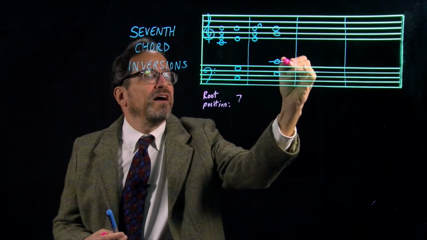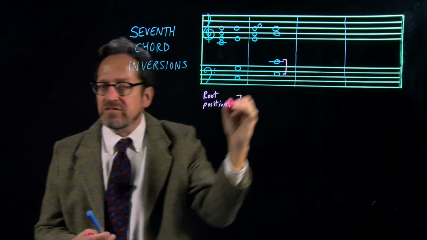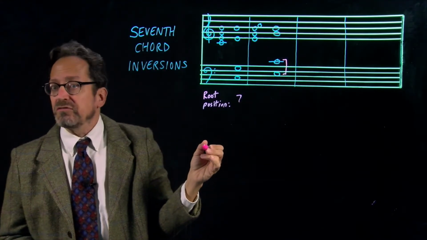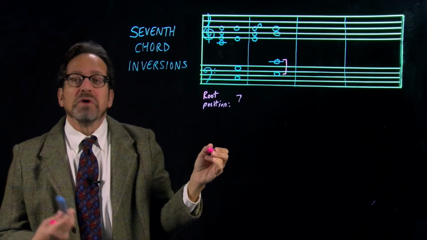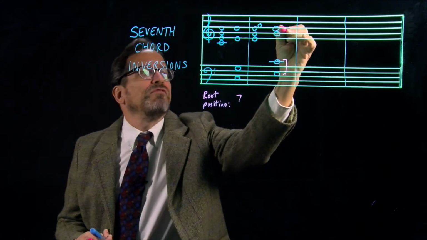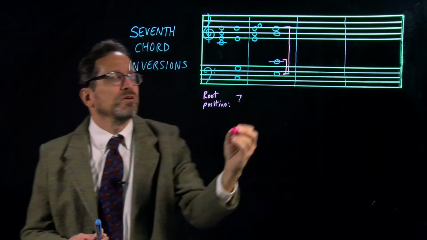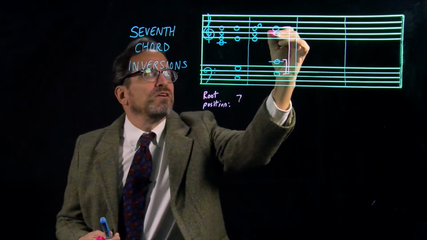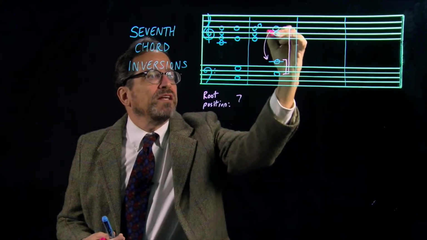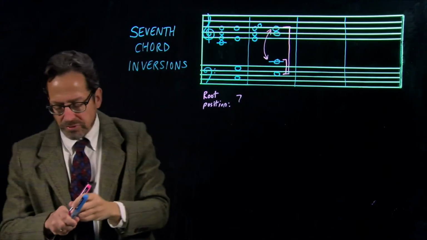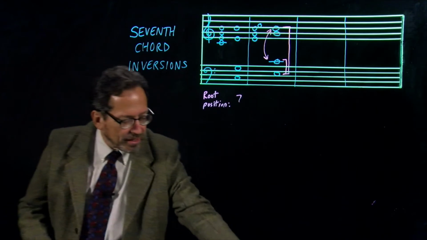And so now I have a sixth above the bass, as I did with the first inversion triad, but I also have a fifth above the bass, which is actually creating dissonance with the root. Let's hear what that chord sounds like.